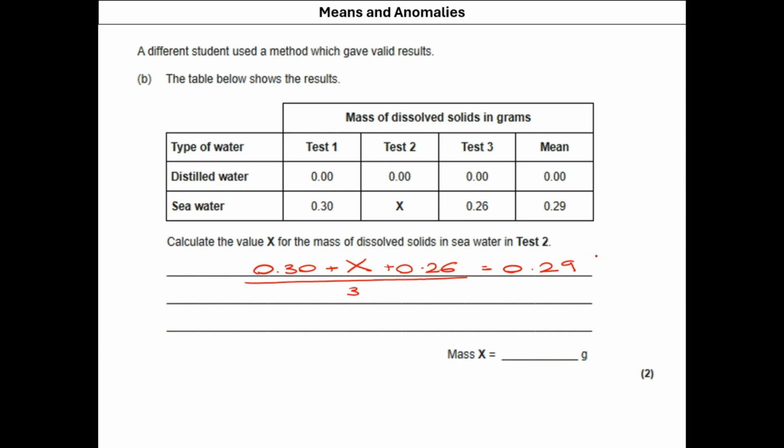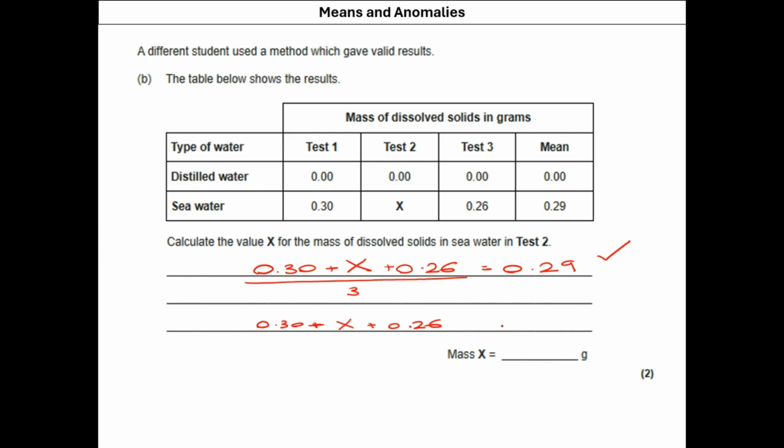That gets me 1 mark for my working out. But now I can rearrange my equation. Now, I need to get x on its own. So the first thing I've got to do is get rid of divide 3. We get rid of divide 3 by doing the opposite. We times by 3.